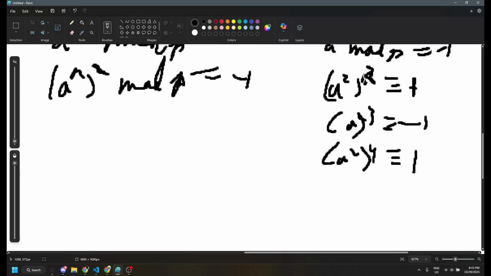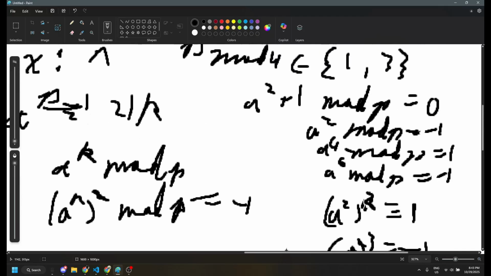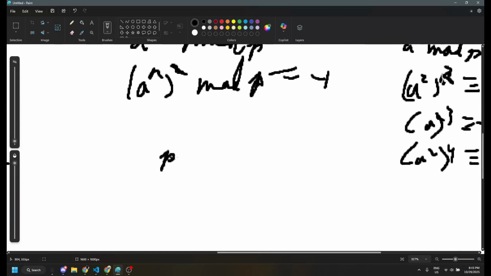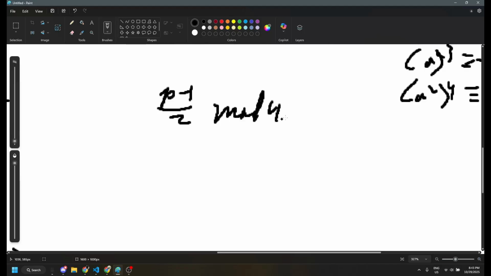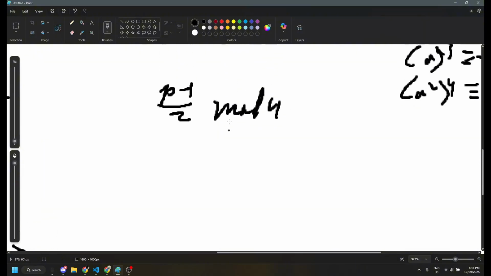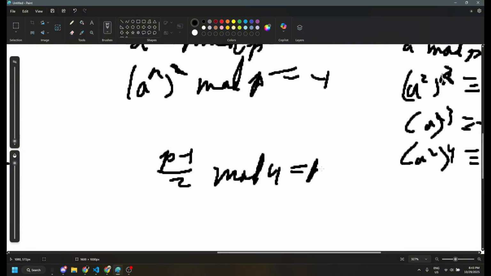Okay, so if we look at p minus 1 over 2 mod 4, let's just say this is equal to k.